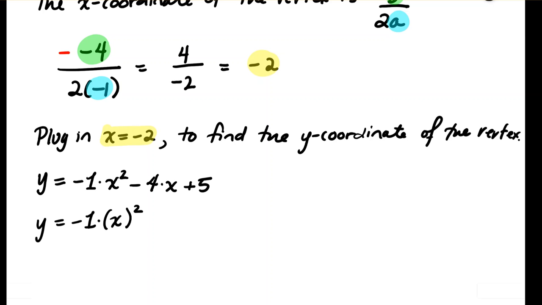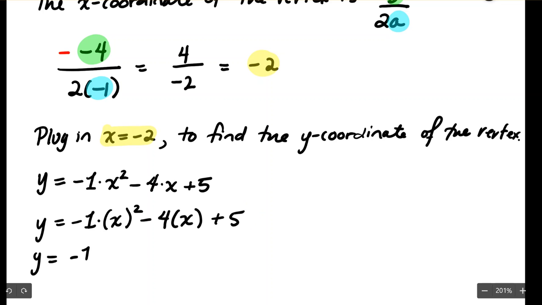A minus 2 times a minus 2 is a positive 4. I'm sticking in negative 2 everywhere I'm seeing an x, and we'll simplify.